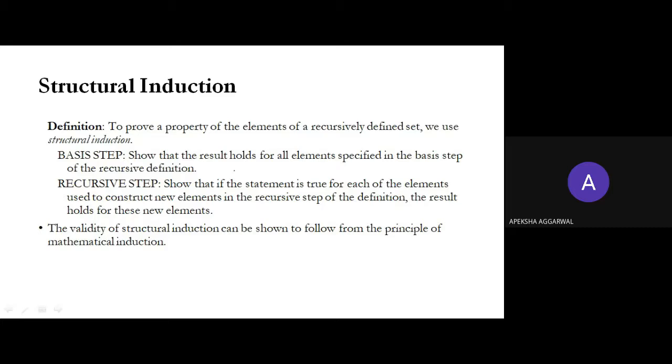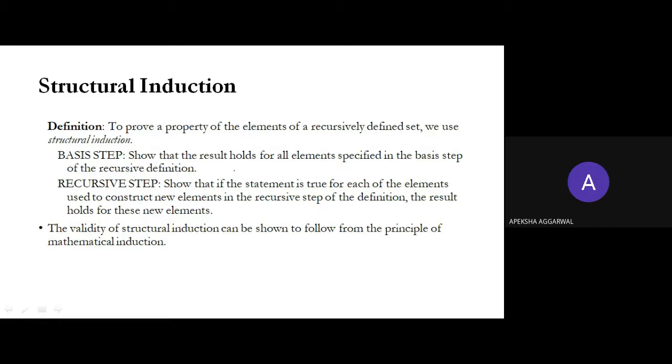Now structural induction. We have seen how set induction works. A similar thing happens with structural induction. To prove a property of elements of a recursively defined set, we use structural induction. Basis step: show that the result holds for all the elements specified in the basis step of the recursive definition. Again the same thing.